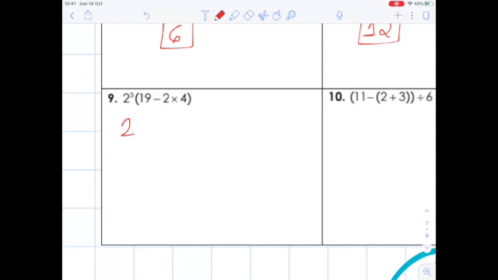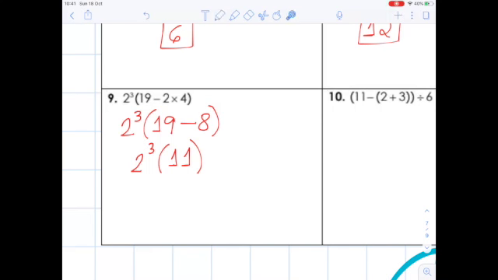So I'm going to copy everything that I'm not modifying. 2 cubed times 19. Now I have to do negative 2 times 4, which is going to be minus 8. Now I can once again simplify inside my parentheses. 19 minus 8, which is 11. So I'm going to have 2 cubed times 11.